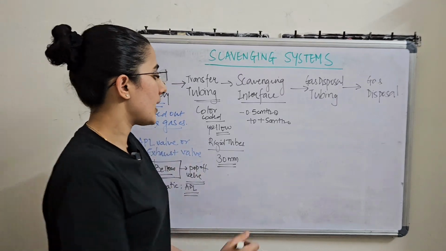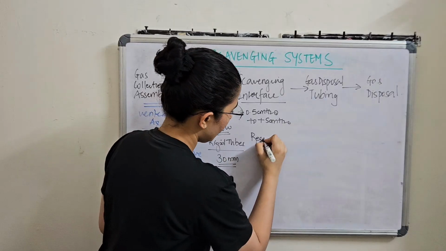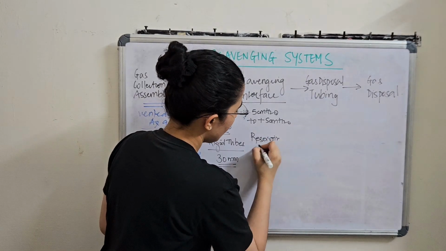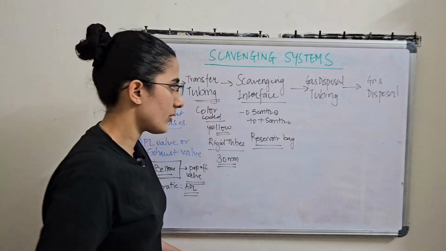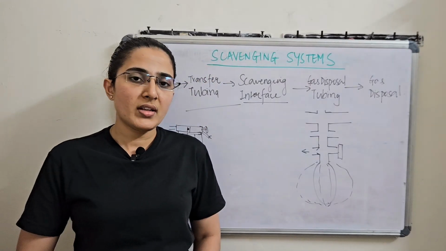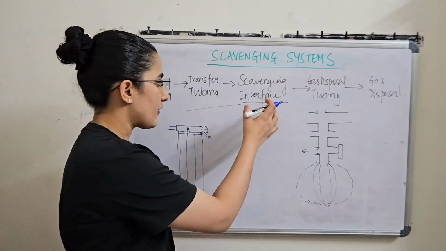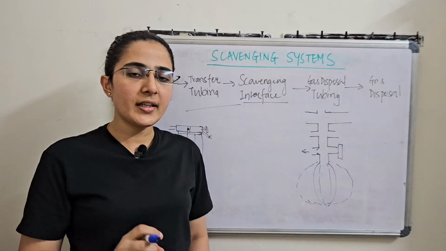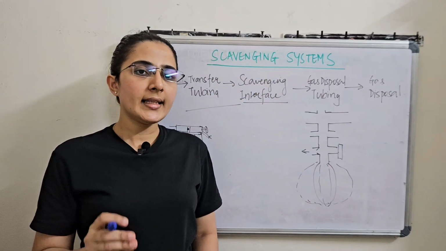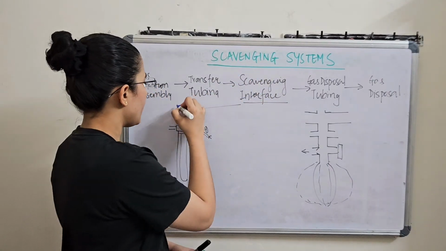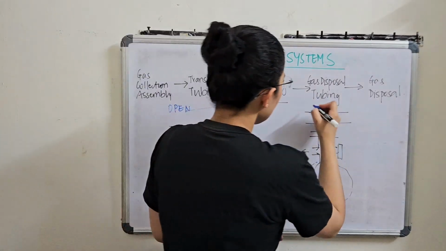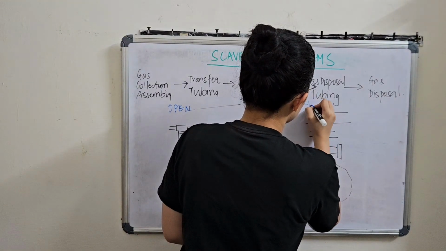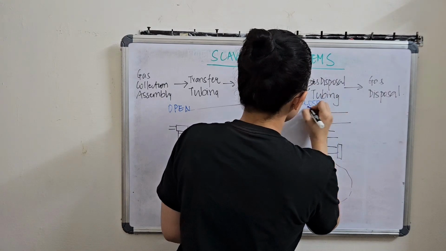So the reservoir bag that is often present within the scavenging system is meant for this purpose. Okay. So when we come to this scavenging interface, as I said, it can be an open interface or a closed interface, right?